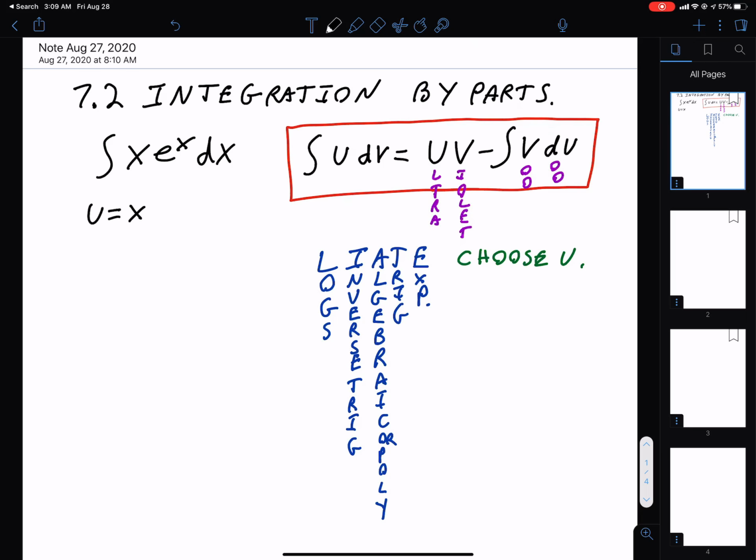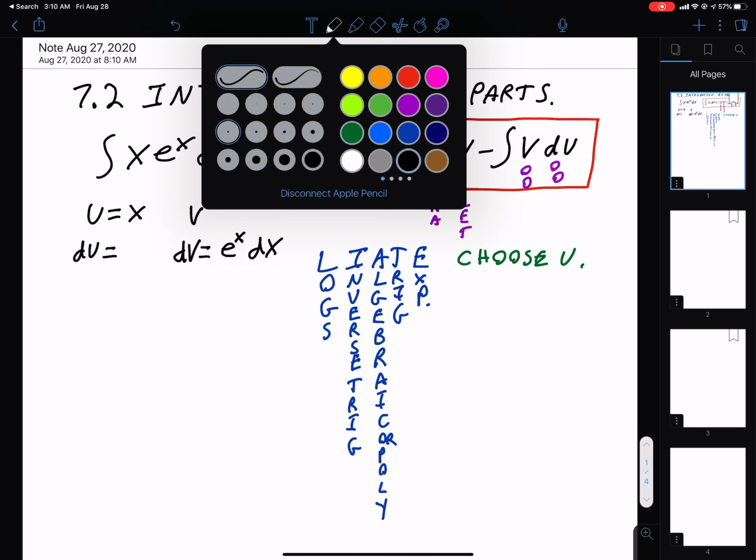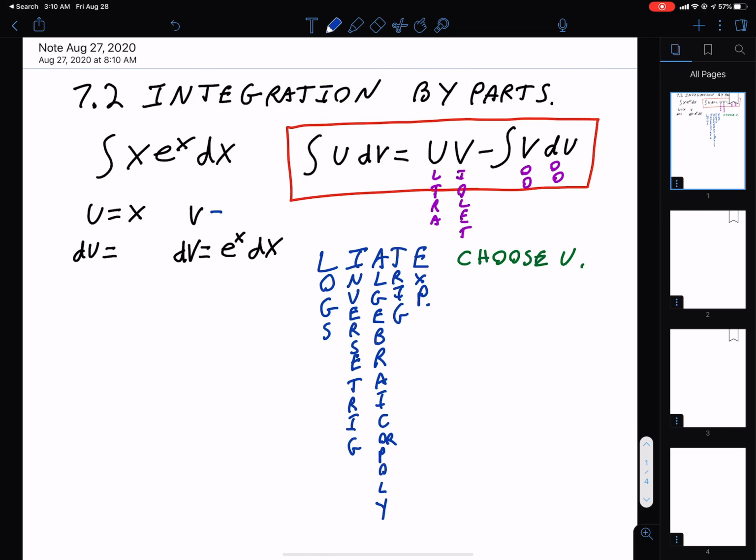Whatever's left over is going to be our dv, because our original integral has to have a u and a dv. So I'm going to put dv down here and have it be everything that's left. And we have to find the missing parts. So we have to find v and du.